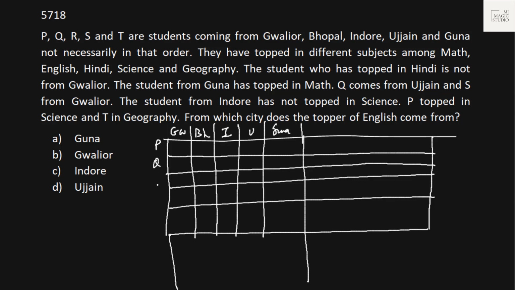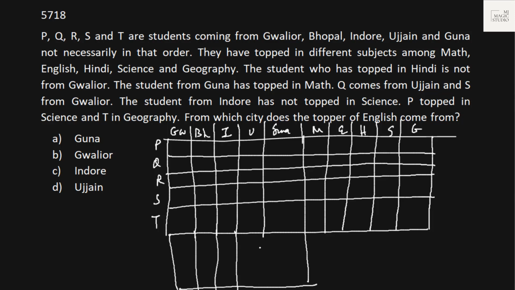We have P, Q, R, S, T. They have topped in different subjects: maths, English, Hindi, science, and geography. The student who has topped in Hindi is not from Gwalior.